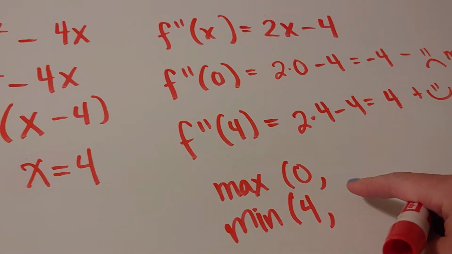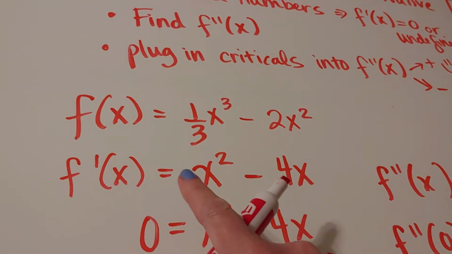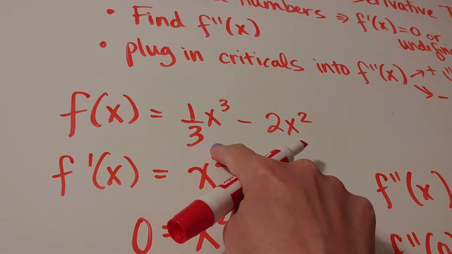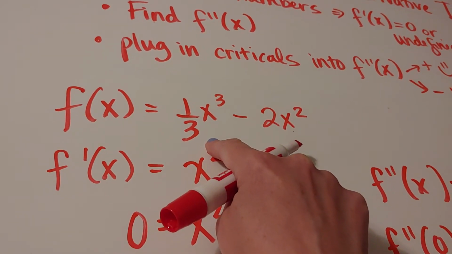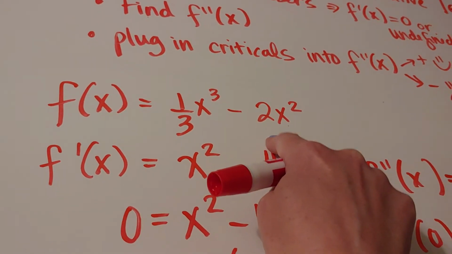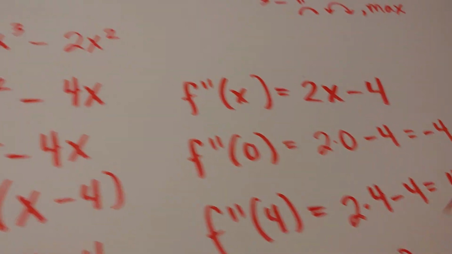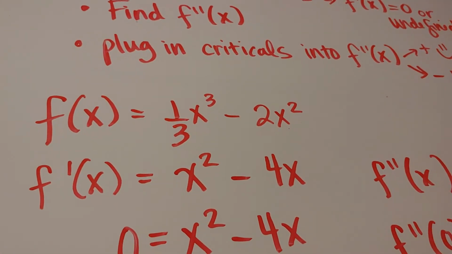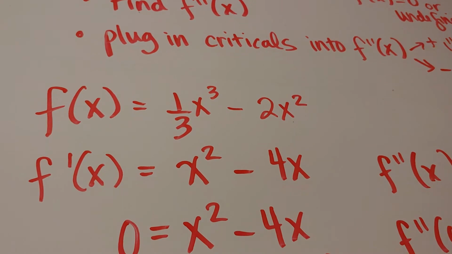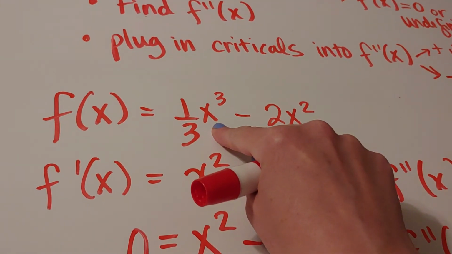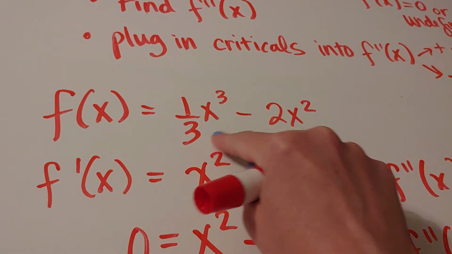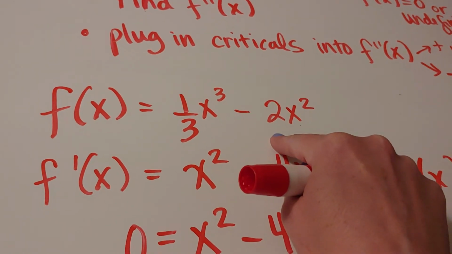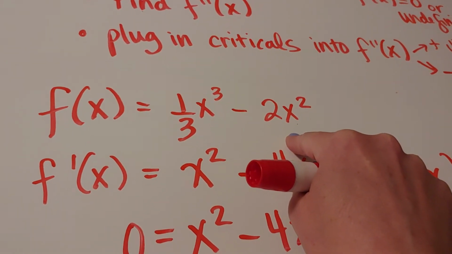So to get the y-coordinates, you always go back to the original function. So up here at the original, I need to plug in 0. When I plug in 0, I get 0 minus 0 is 0. So that one's nice. And right about now is when I'm regretting that I chose a 1/3. So let's see, 4 cubed is 64. So 64 thirds minus 2 times 16 would be 32.